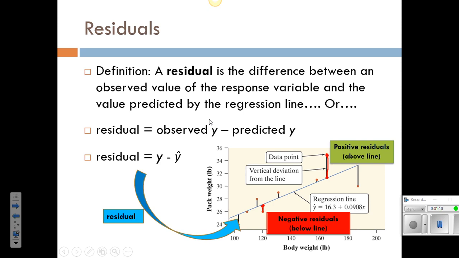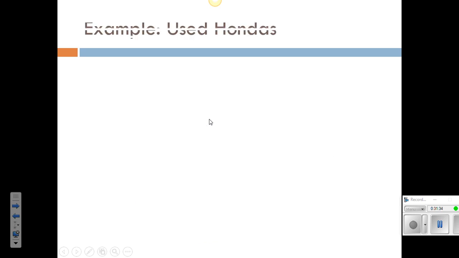Just because a residual is positive doesn't mean it has more error than a negative. Error is error, my friends. You guys good with this? So what is the takeaway from residuals? Above the line is positive, below the line is negative, and it's error. It's basically how far you're off in predicting.